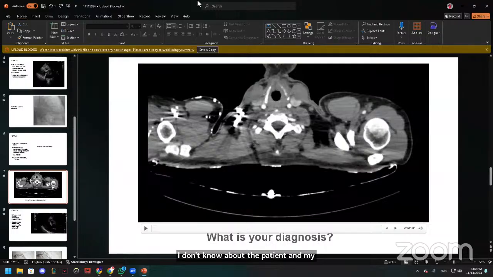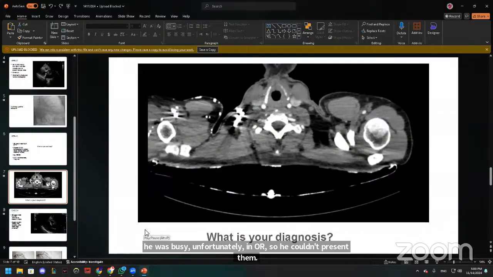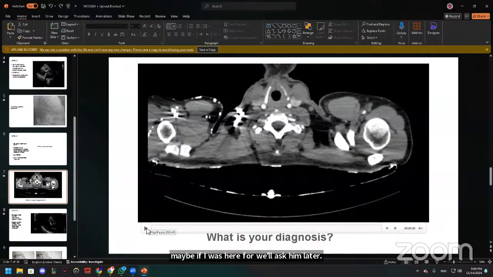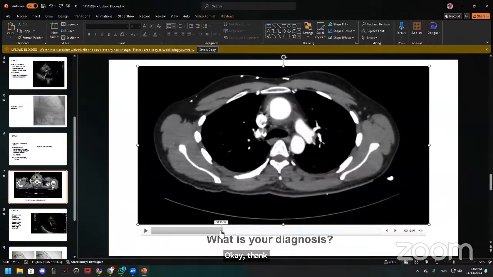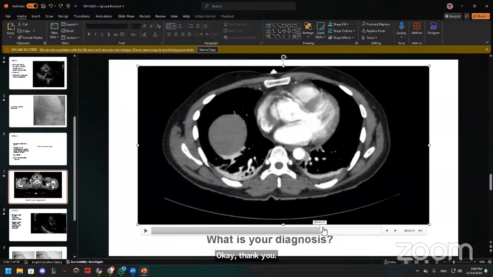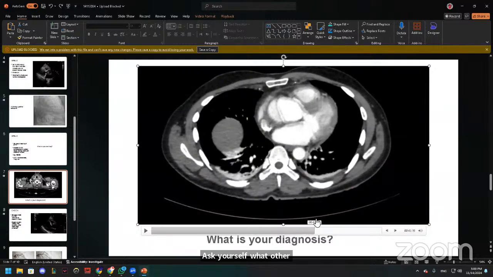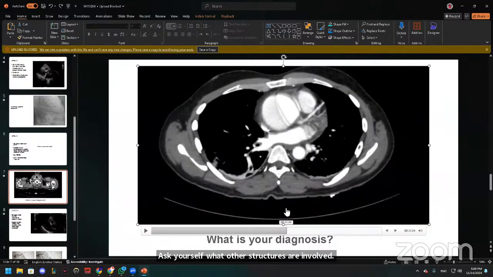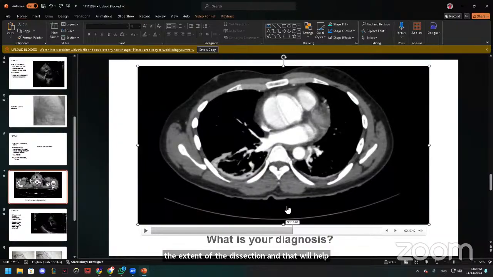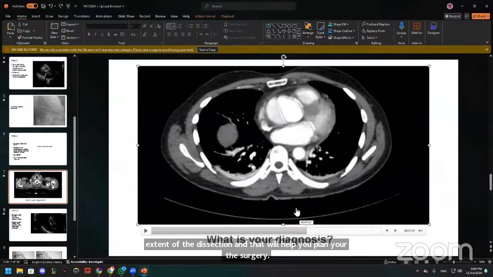All these slides were prepared by Dr. Rami, but he was busy unfortunately in the OR, so he couldn't present them. Maybe if he was here, we'd ask him later. Okay, the good thing is that you raised that question. I think you should always ask yourself what other structures are involved, the extent of the dissection, and that will help you plan the safe surgery for this patient. Thank you.